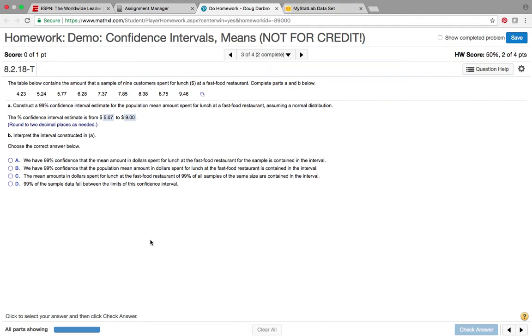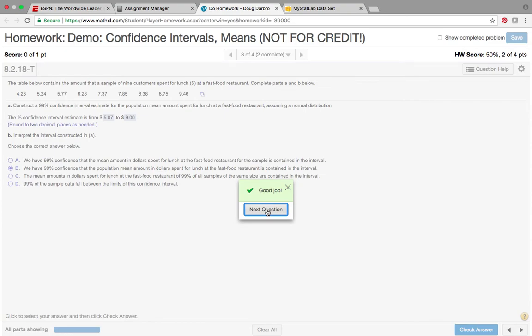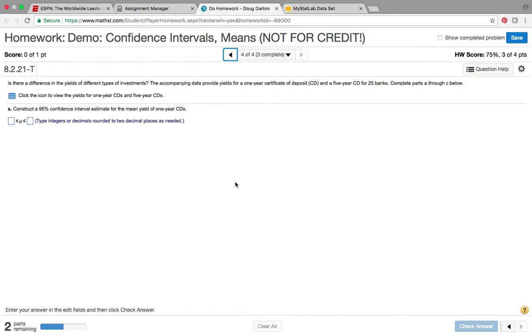Okay, the mean amount of dollars spent for restaurants, that's not 99%, no. So guys, if you read that very carefully, that's the only one that, now the difference in the first one was the mean amount spent at the fast food restaurant. They're trying to generalize to all fast food restaurants, so that was the little caveat they threw at you there. All right, I'm going to shut this down, go into a new problem.